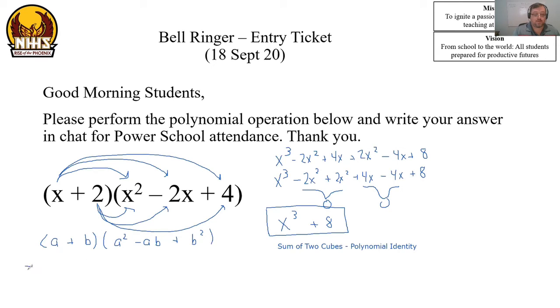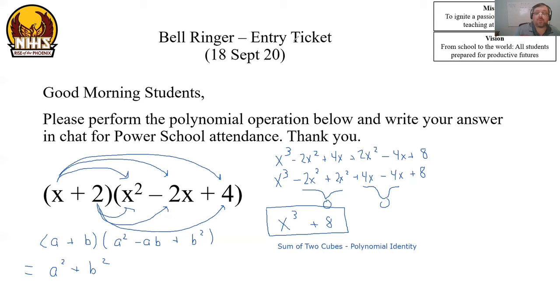And that is always equal to a cubed plus b cubed. So when you see a polynomial identity, you have to see, does it make sense? There's a couple of those. We're going to go over about 8 or so of them, but a couple of those are just identities.